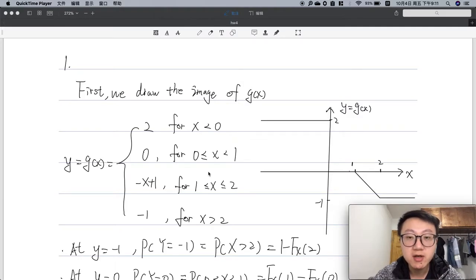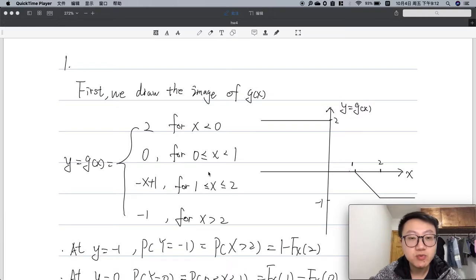In this question, the key method is to show the function of y in terms of x. So let's solve this question in order. The first thing we need to do is to find and draw the relation between x and variable y.